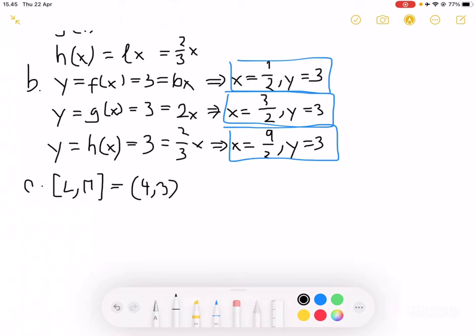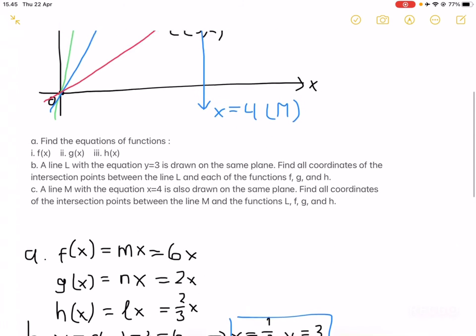Okay, and let's see, for h comma m, I'll just put an arrow there.